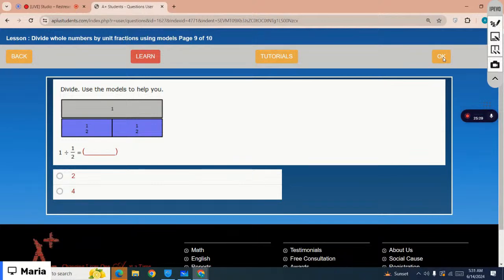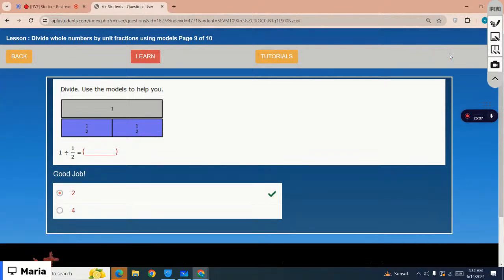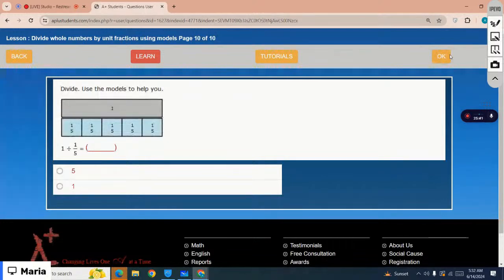The correct option is 2. 1 divided by 1 by 2 equals 2. 1 divided by 1 by 5, which is the correct option? The correct option is 5.